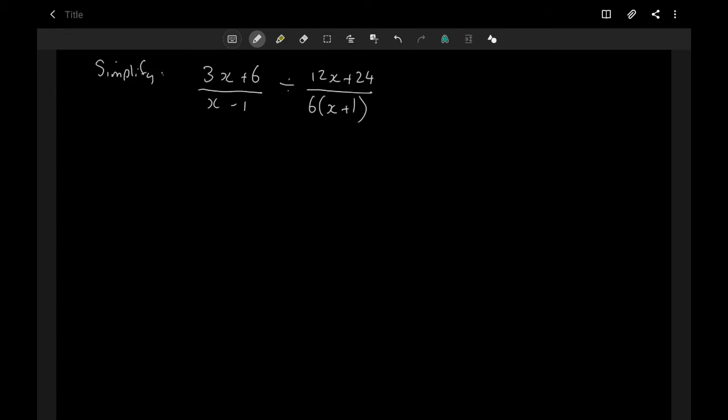So let's take a look at a question that looks a little bit more complicated, but when we break it down, it's actually a lot easier than what it looks like. We've been asked to simplify this crazy looking expression here. The first thought that comes to the mind of a lot of students is basically they freak out.